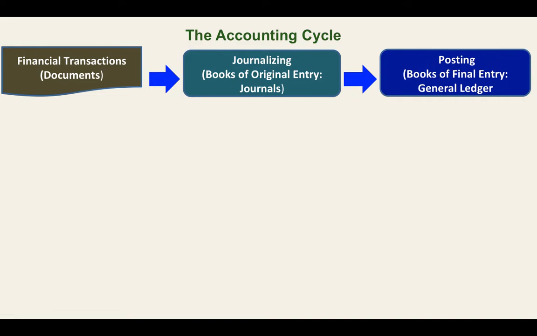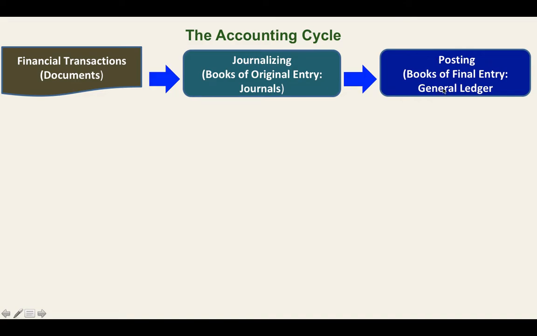For example, all journal entries related to cash will be put together, so the cash transactions will have their own record, then all accounts receivable will have their own record, accounts payable will have their own record, and that is what you call the books of final entry. That record is called the general ledger, and the action of doing that is called posting.